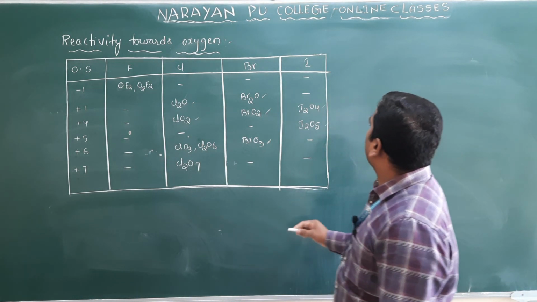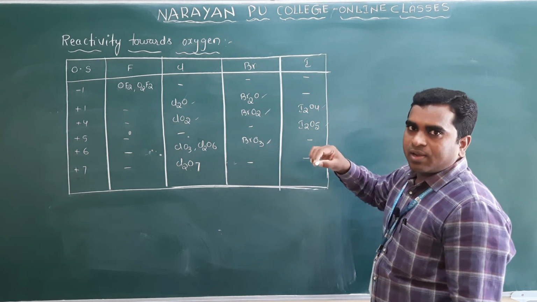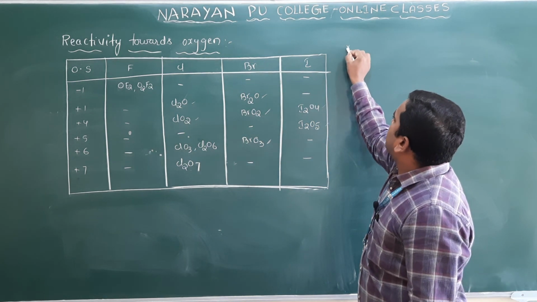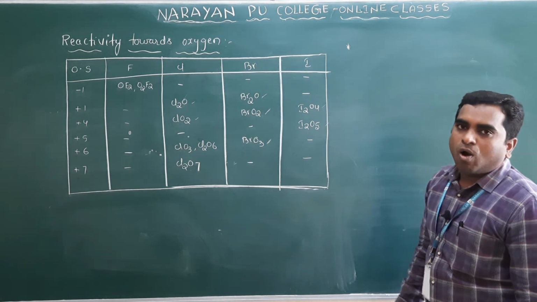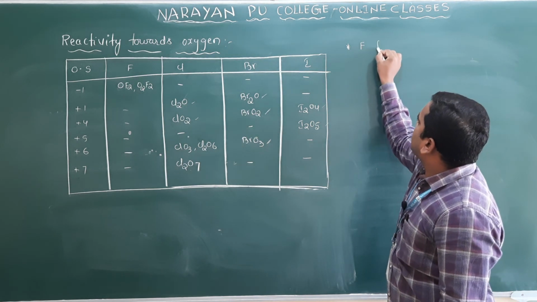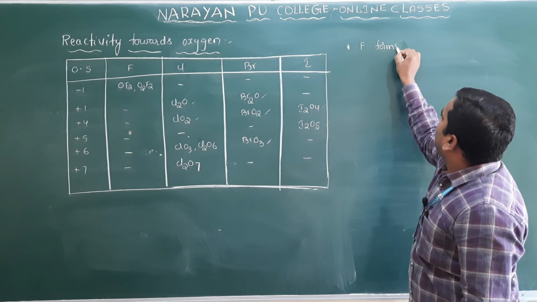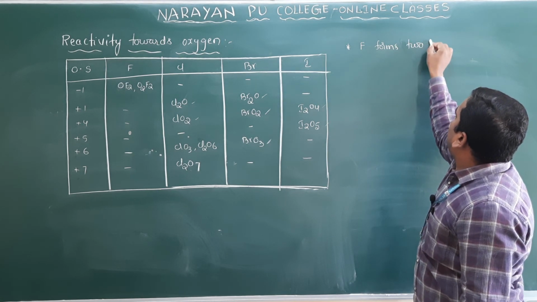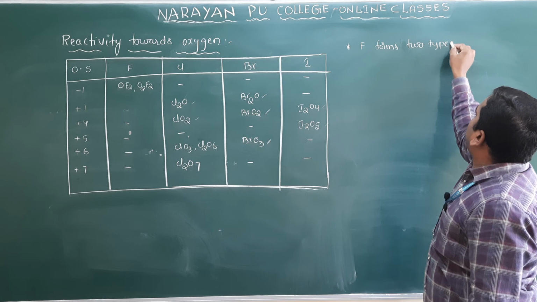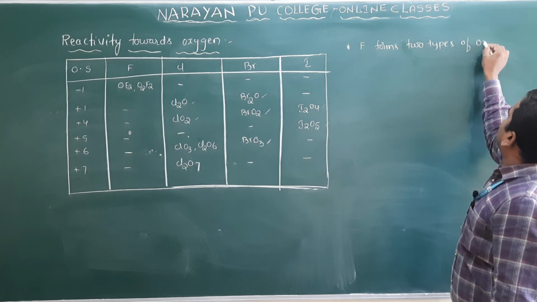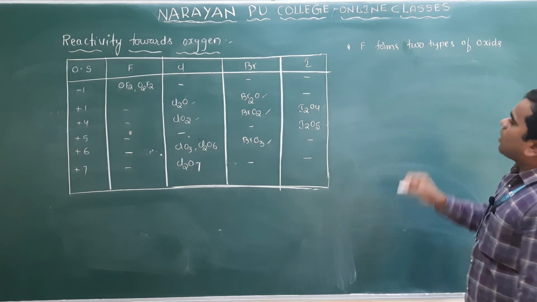If you see the first one here, fluorine. Clear? Fluorine forms two types of oxides. Fluorine forms how many types of oxides, Maria? Two types of oxides.